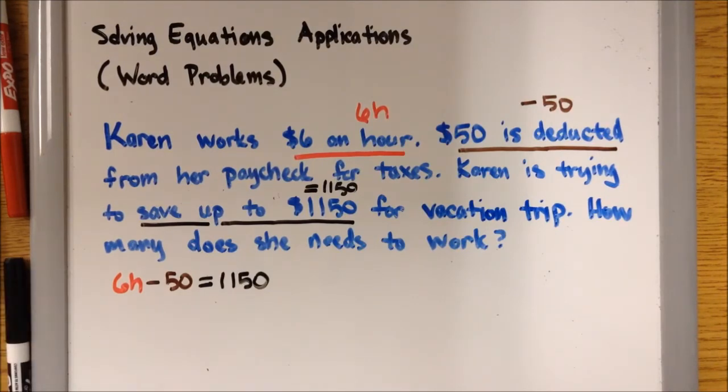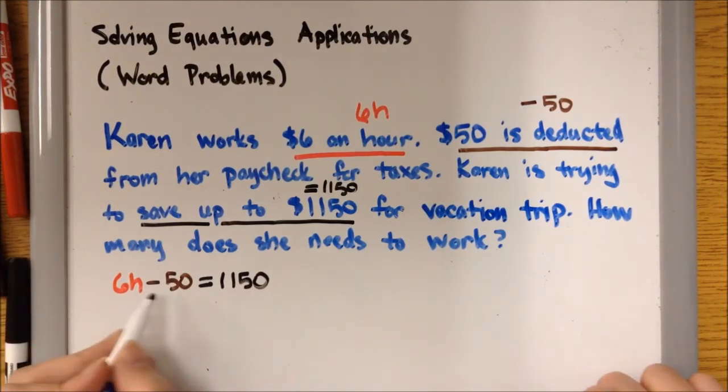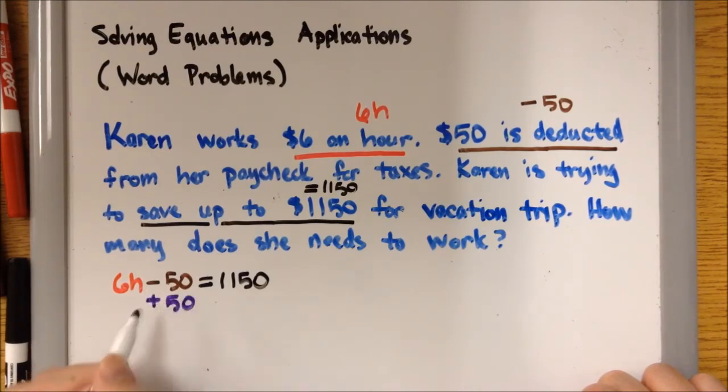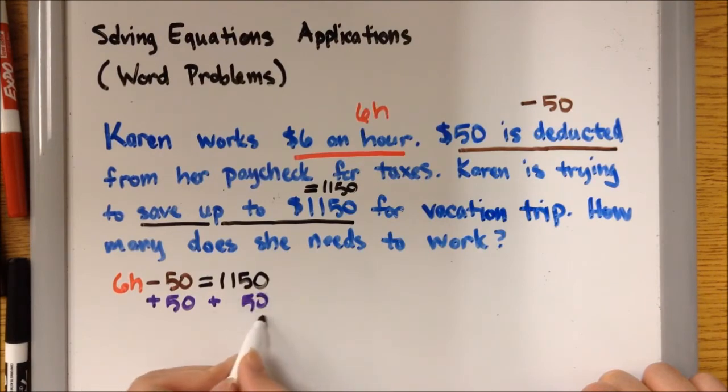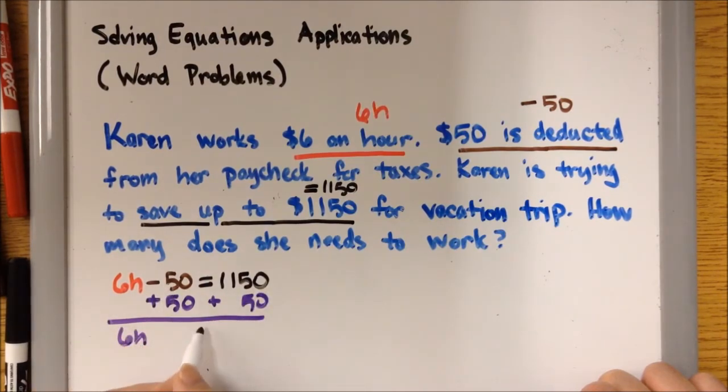Let's solve it. Since I want to get 6H by itself, I want to get rid of the 50. The opposite of minus 50 is plus 50. I add 50 on the left, I have to add 50 on the right. So I bring down 6H, the 50 cancels. 1,150 plus 50 is 1,200.